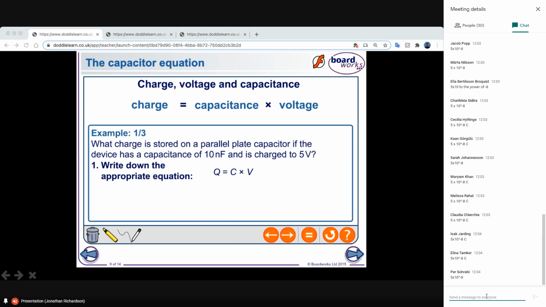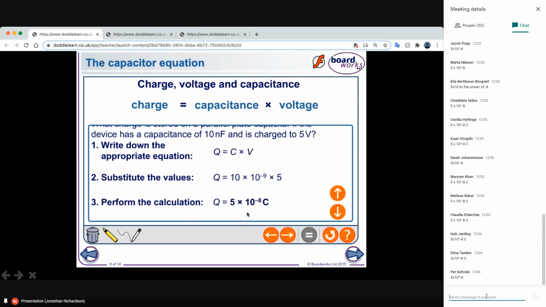Good. So we have appropriate answers. The values being 10 times 10 to the -9 times 5, which gives us 50 times 10 to the -9, which equals 5 times 10 to the -8.